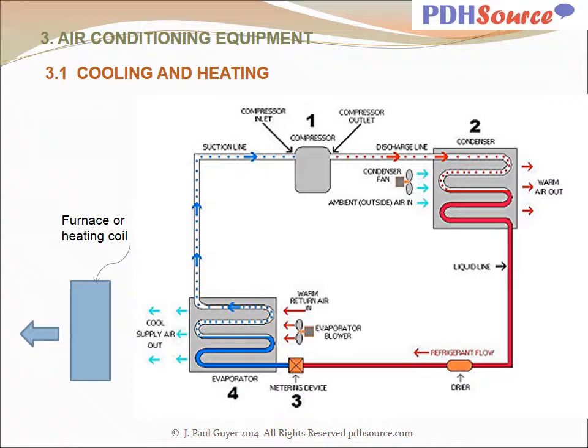It's drawn a little differently here, but it's the same as the one we looked at on the previous slide. And that's what operates when you want to cool the air in the summer. But in the winter, you add this second element of a furnace or heating coil that heats the air in the winter when you want to warm up the air.